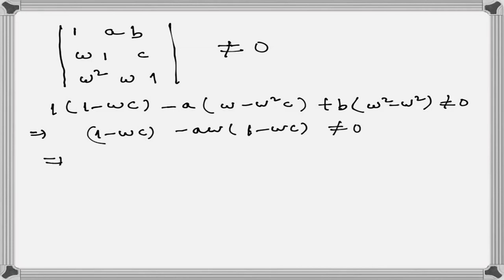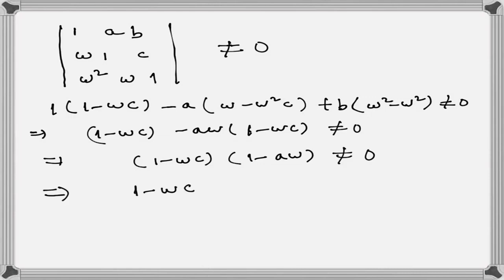This implies (1 minus WC) into (1 minus AW) not equal to 0. So 1 minus WC is not equal to 0 and 1 minus AW is also not equal to 0.